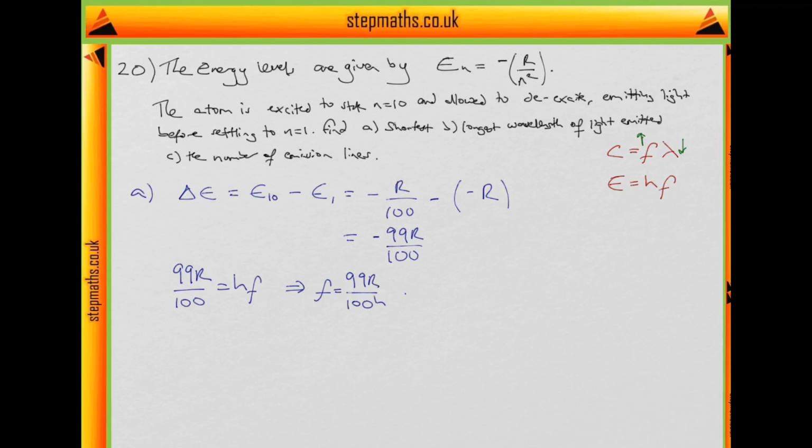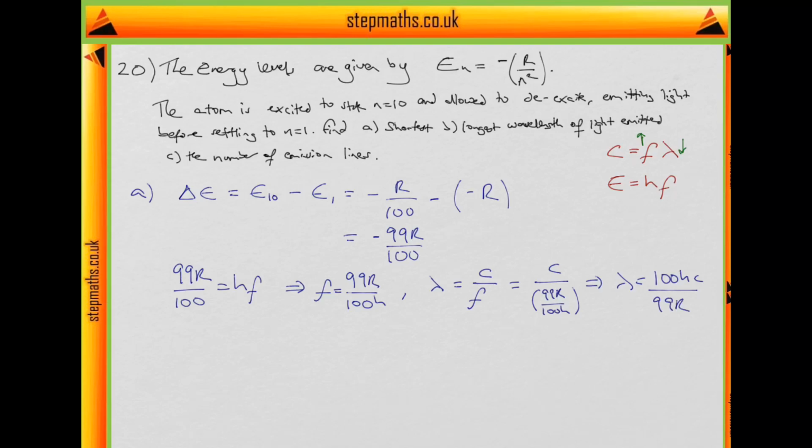We then use our next equation, c equals f lambda, to tell us that lambda equals the speed of light over the frequency. That's c over 99R over 100h, which tells us that lambda equals 100hc over 99R, and that'll be our shortest wavelength.